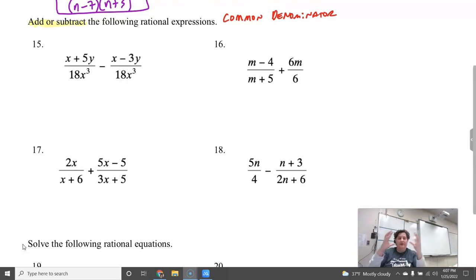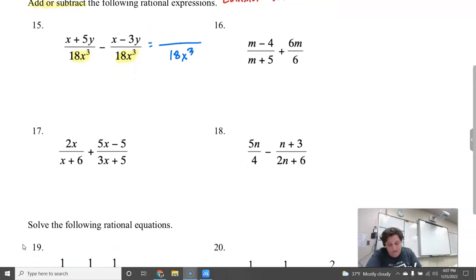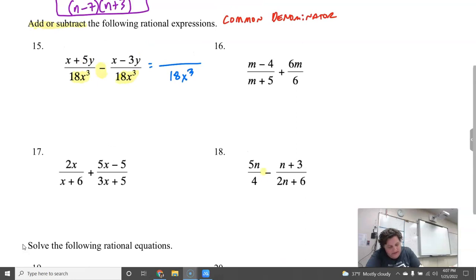Once you get your common denominator and you combine them together, you can try to simplify it. Most of them aren't really going to simplify, but check it out. If I have 18x^3, 18x^3, that already has a common denominator of 18x to the third. The one thing I want you to be really careful about is whenever you see a minus sign, you got to pay close attention, because you actually need to distribute the negative.